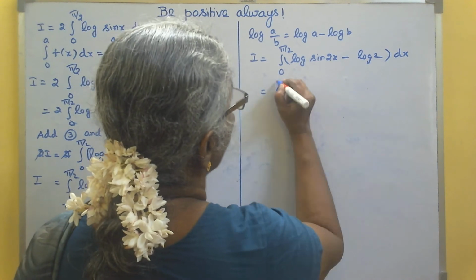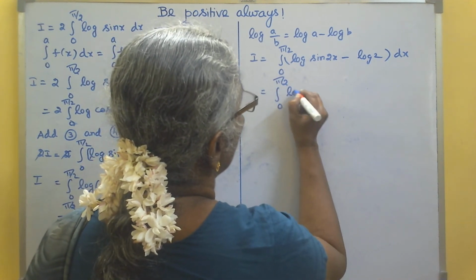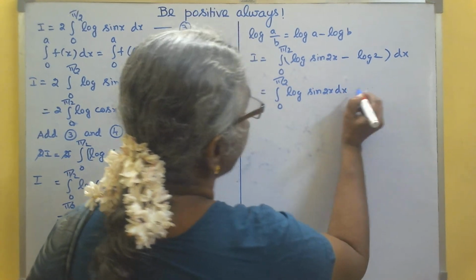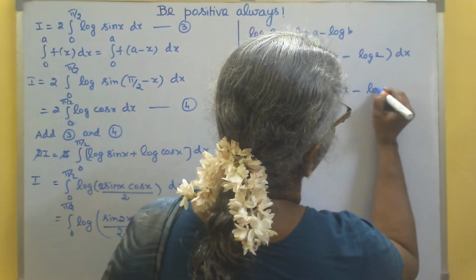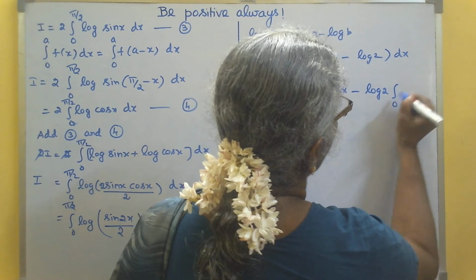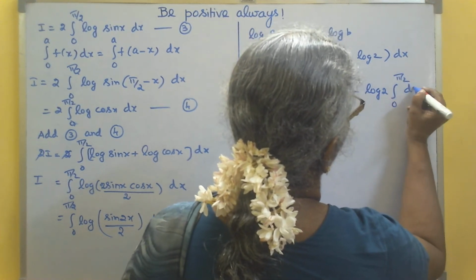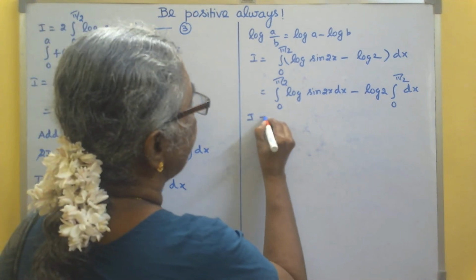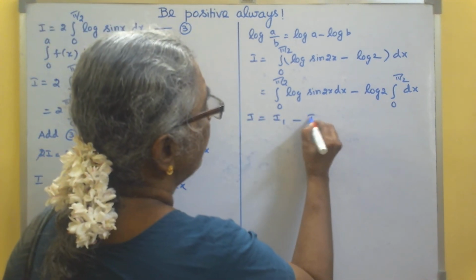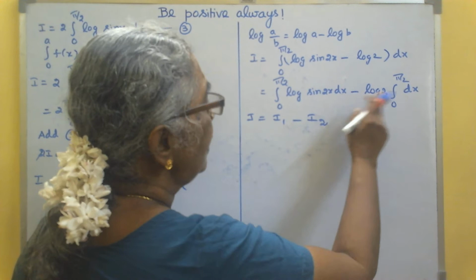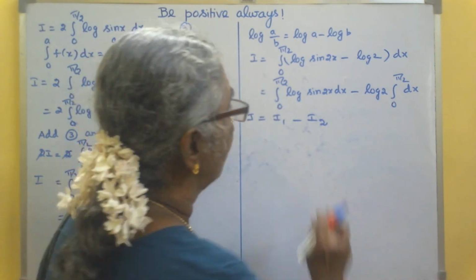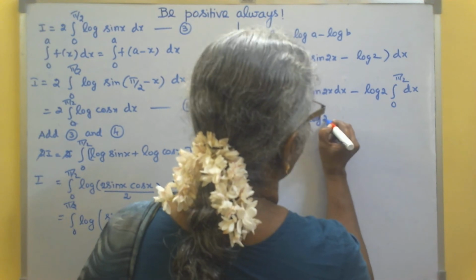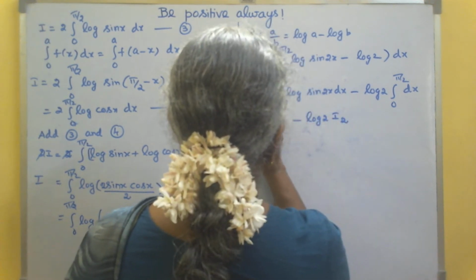So we will get integral 0 to pi by 2 log sin 2x dx minus log 2, which is a constant, take that out, integral 0 to pi by 2 just dx. Now I can write I is equal to I1 minus log 2 times I2.